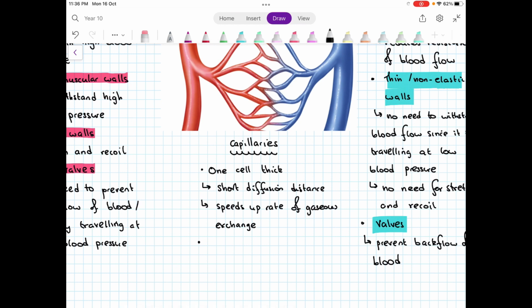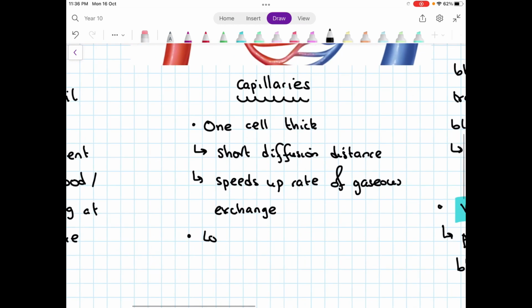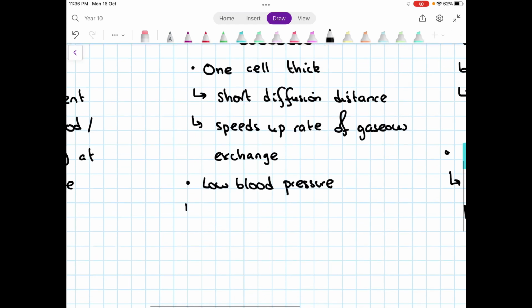They also have a relatively large lumen, and blood pressure in the capillaries is low. The purpose of this is that blood flows more slowly in the capillaries, and this provides more time for materials to be exchanged.